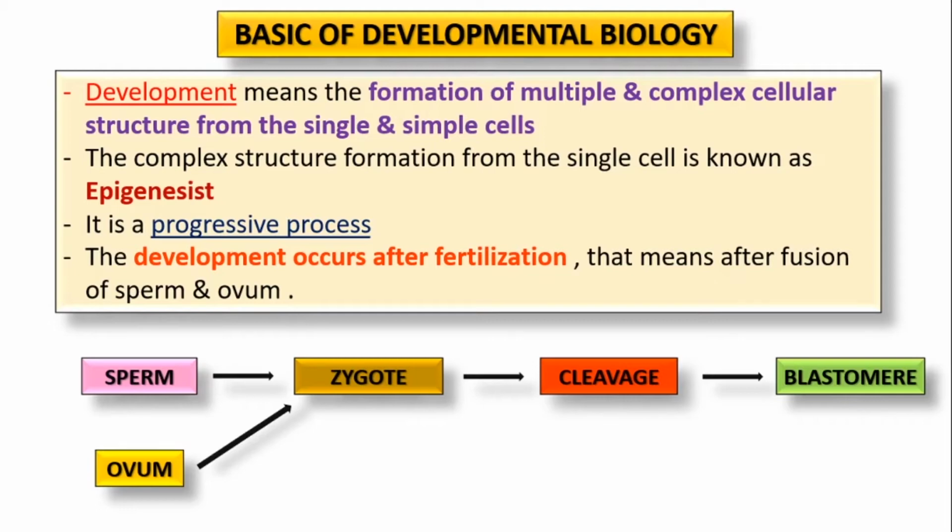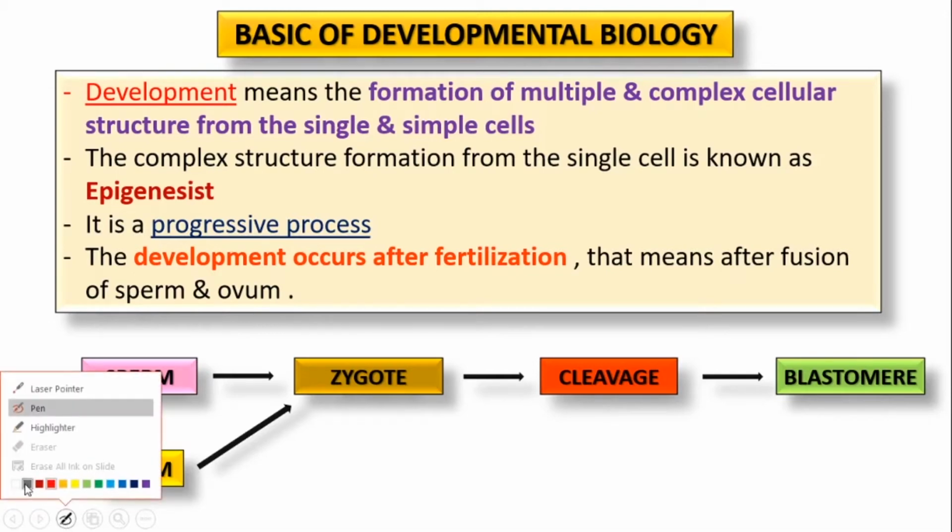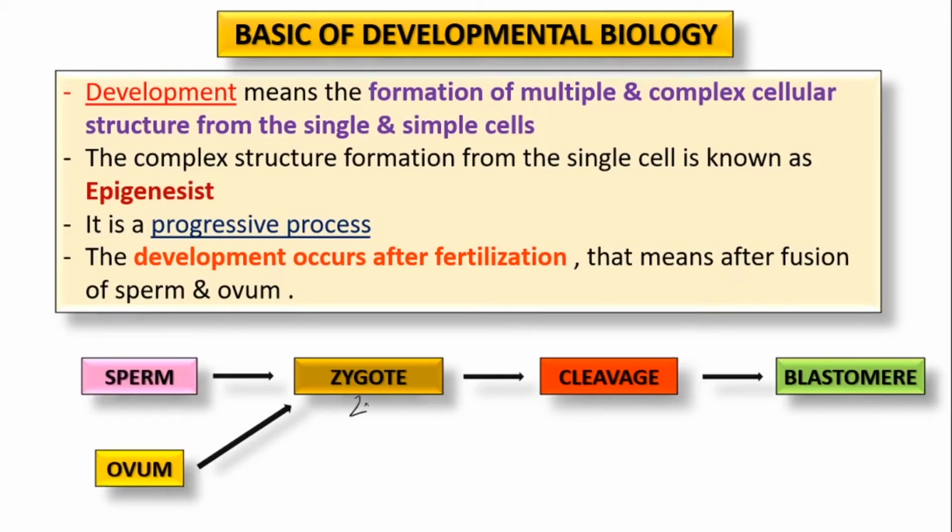It starts from the zygote. Zygote is diploid in nature, and this zygote is formed by the fusion of sperm and ovum.